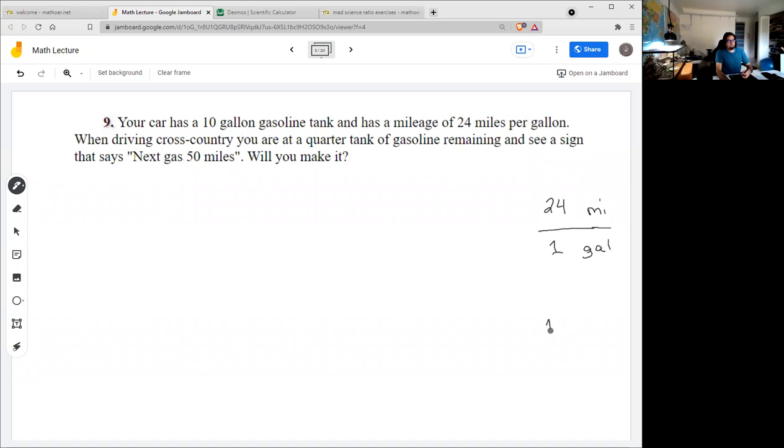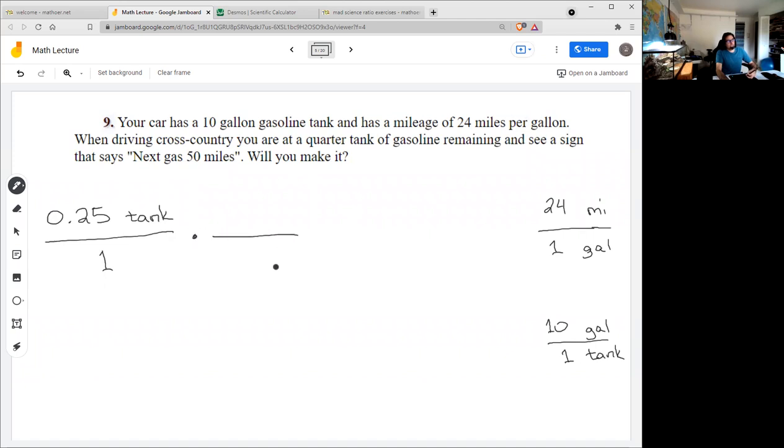So it looks like it's 10 gallons per 1 tank. And what I'm starting with is a quarter tank. So 0.25 of a tank. That's my very situation specific thing. So that's not a fraction. So I put it over 1.